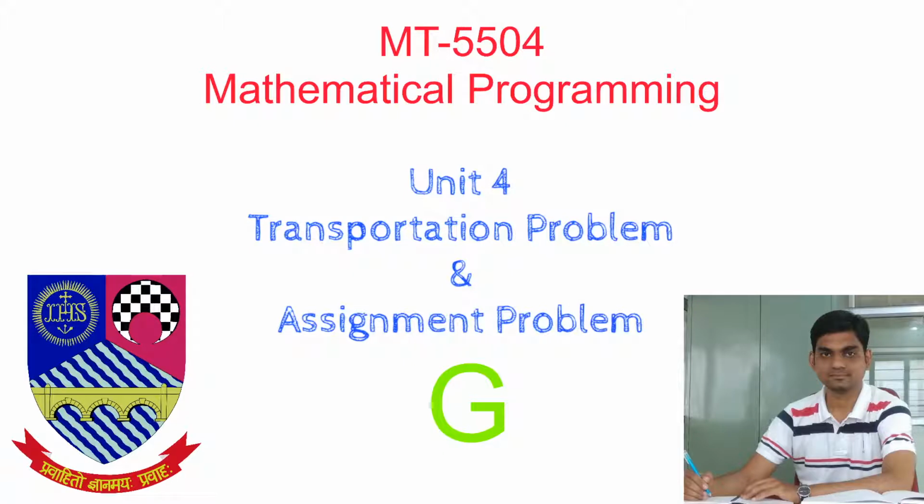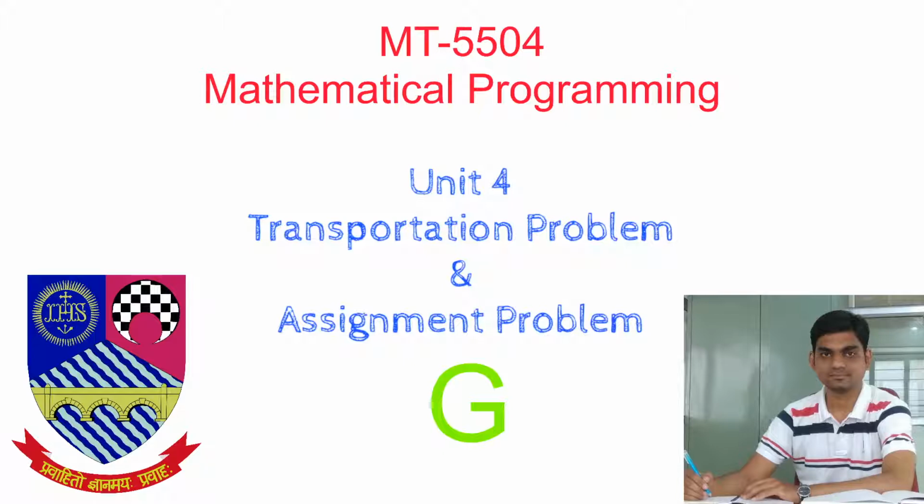We have seen several methods to get an initial basic feasible solution, the so-called row minima method, column minima method, table minima method, that is the least cost method, and the Vogel's approximation method. But till now, we haven't verified whether any of these methods' solutions is optimal or not.